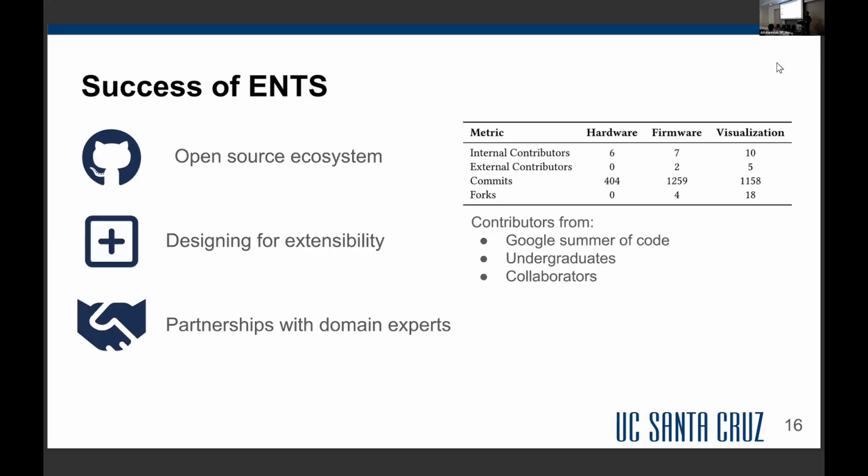They can see the code, they can know what it does, or they have access to it where they could get someone else within their group to expand upon it. In total, we've had 30 people contribute to the project, from Google Summer of Code, undergraduates at UCSC, and other collaborators at universities such as San Diego, Georgia Tech, and so on.